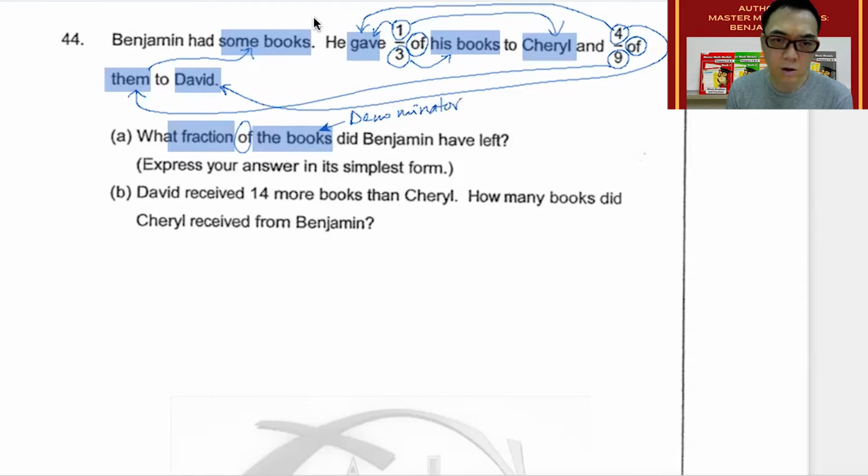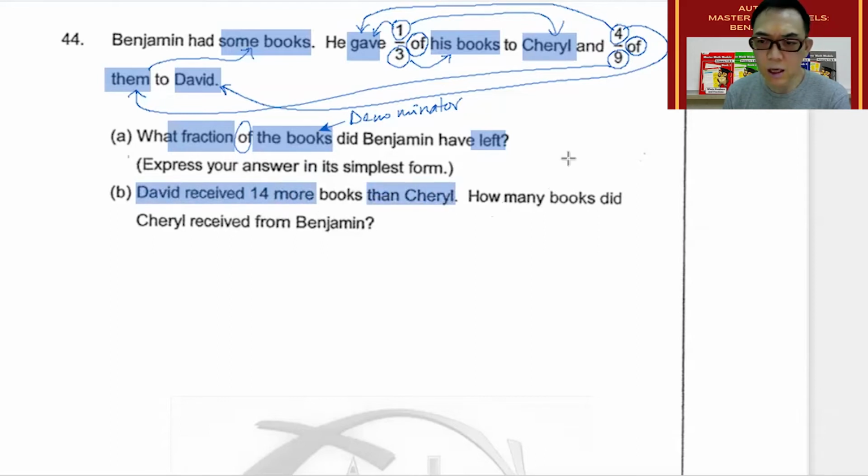And then of course, if there's a denominator, there should be a numerator, and the numerator is what is left. Here it says express your answer in the simplest form. Even if this sentence was not here, you will need to express it in the simplest form or you will lose marks.